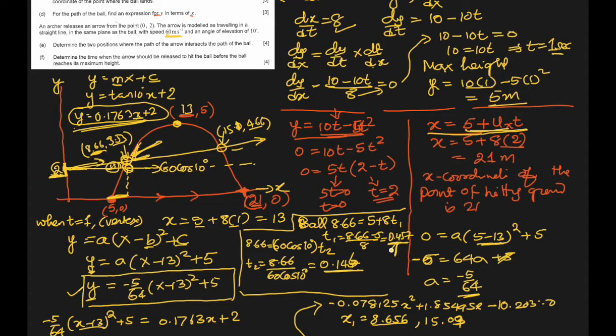That means the ball has to be thrown first and then the arrow will be thrown later. But how much before that? So we'll just find 0.457 minus 0.146, which is 0.311 seconds before the arrow, the ball must be thrown. Question, let's read once more. Determine the time when the arrow should be released to hit the ball. Okay, so we can write the answer now.